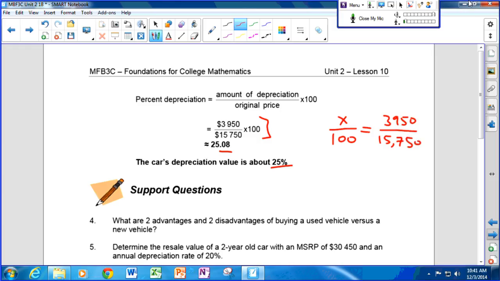That's the actual equation you're solving there. If you bring your mind way back to Unit 1, that's the equation we're solving. And you see that we just multiply both sides by 100, and that's how we end up with x by itself.